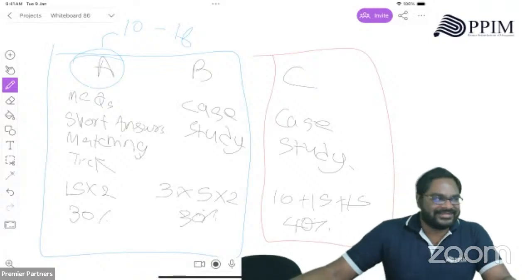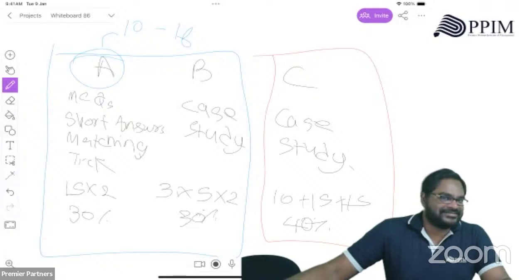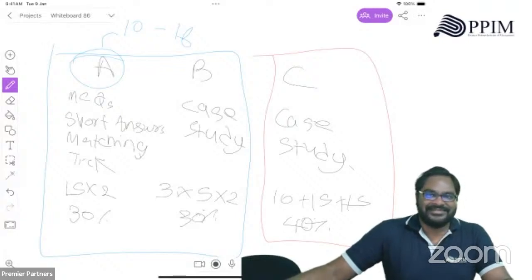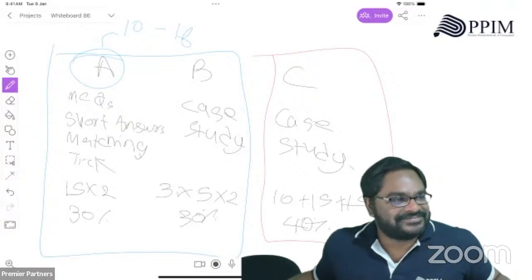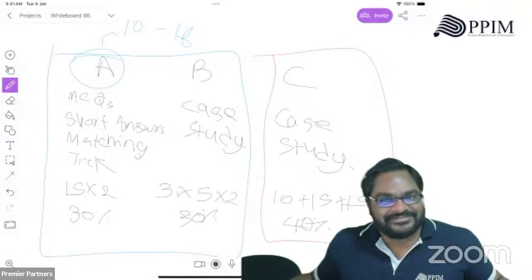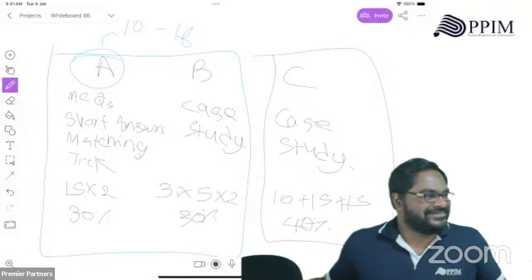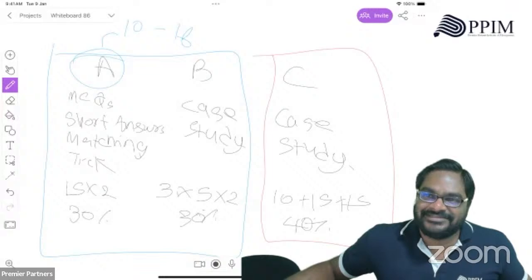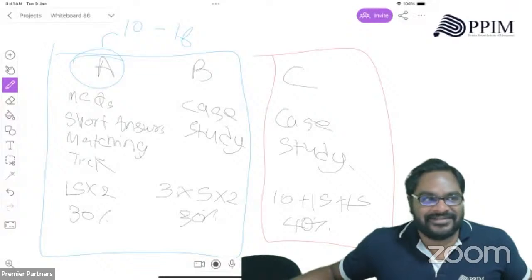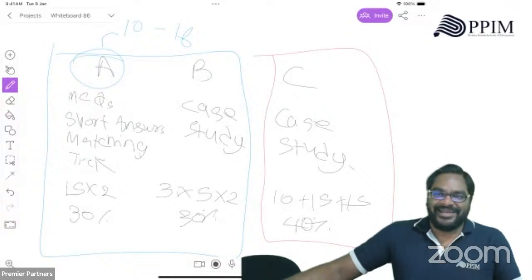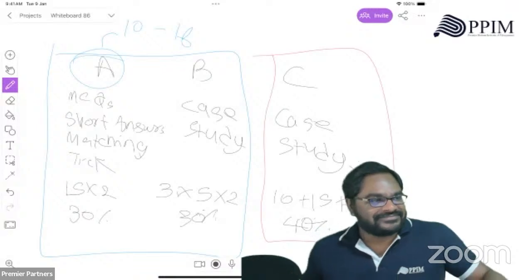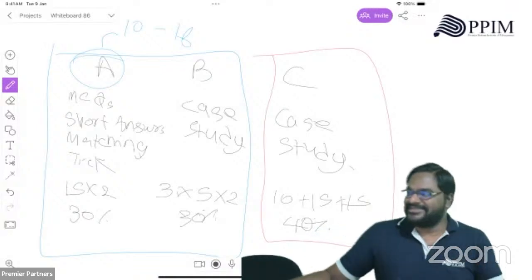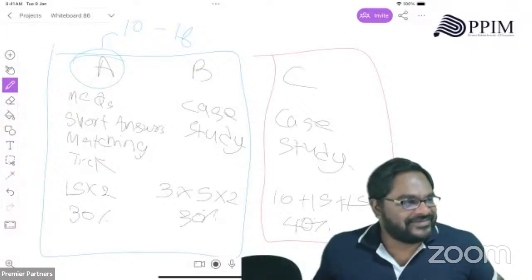Those who came to my class know that. You guys know, right? I told you about my CA audit paper. I tell that in every class, how I did my CA audit paper without even knowing the structure of the paper.